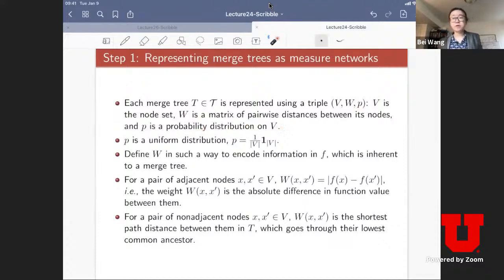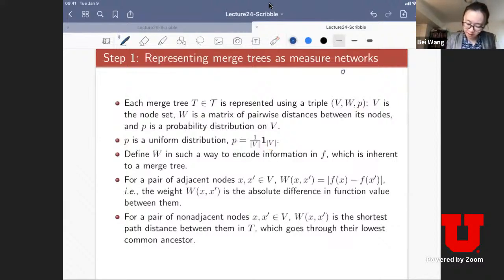The first thing we do is P is a uniform distribution, which means that every single node in the tree is going to have the same probability. So for example, if the tree has 4 nodes, then every node has a probability of 0.25. So it's a probability distribution over the entire set of nodes.